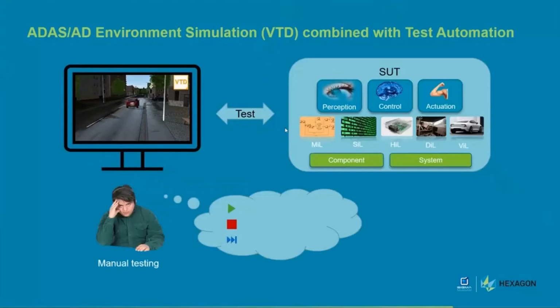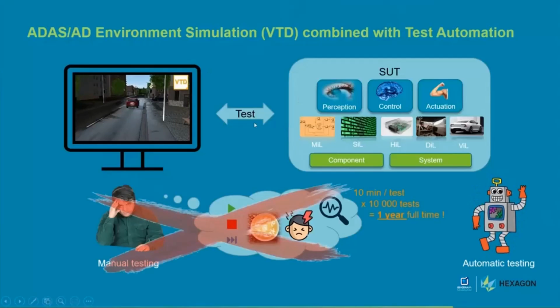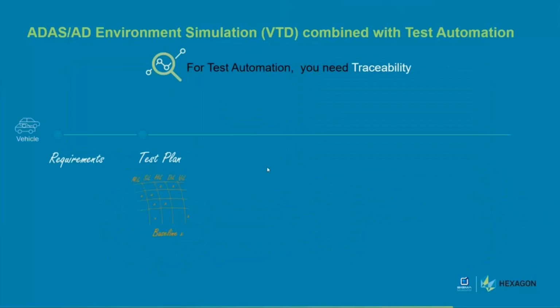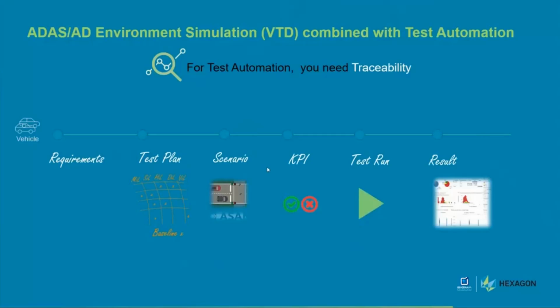And for the test and validation, we use different approaches. You can use Python as a test framework to do the automation with the VTD, and as well we have some partnerships to address these requirements: test plan, scenario creation, KPIs, test run, and results.